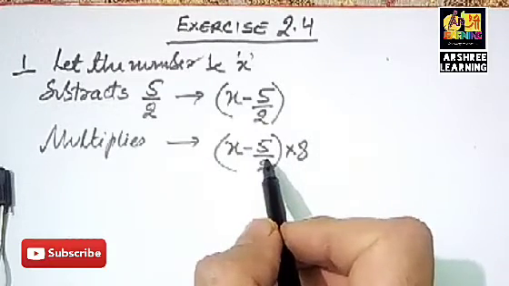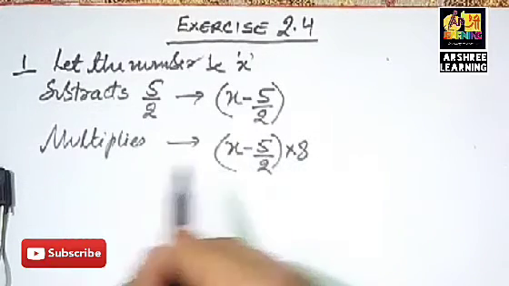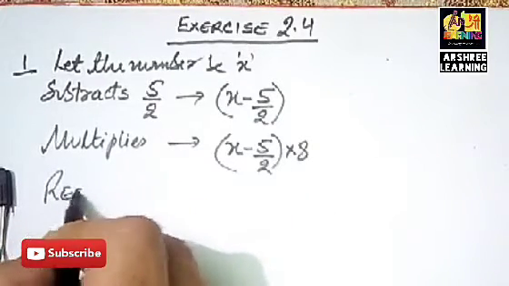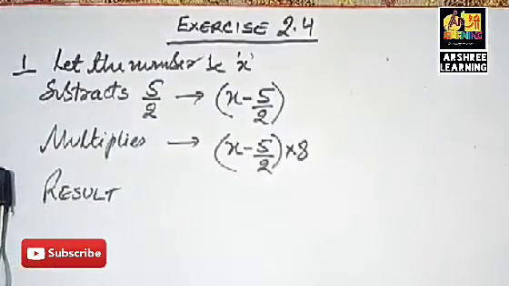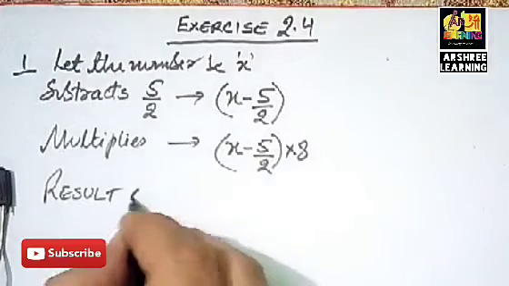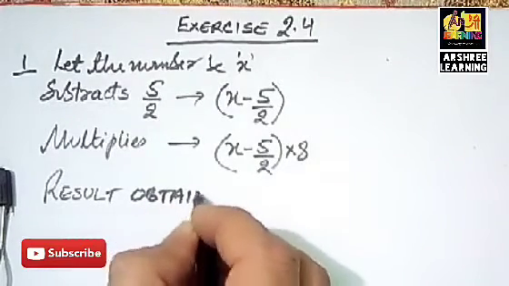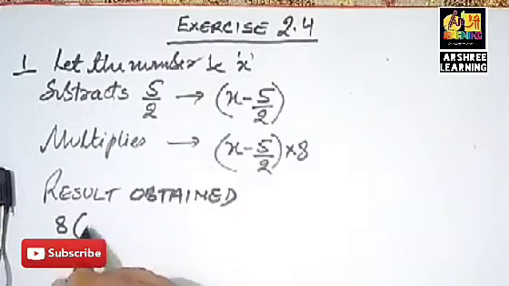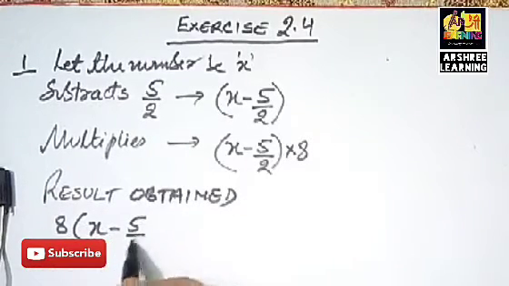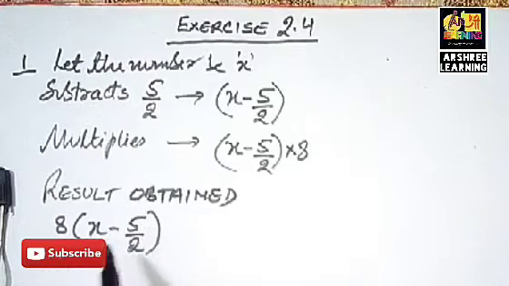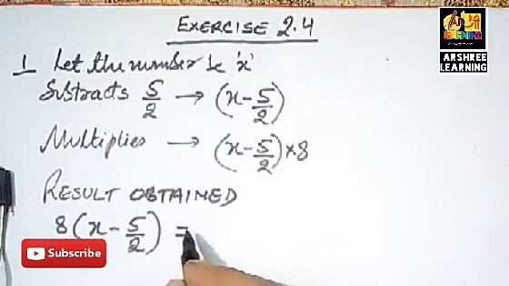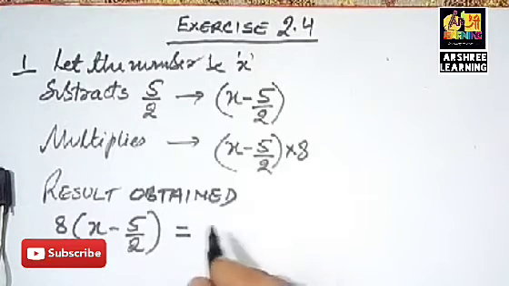The result now obtained, now you have to make the equation. The result obtained means 8 multiplied by x minus 5 upon 2. When you multiply, the result obtained is equal to 3 times the same number she thought of.